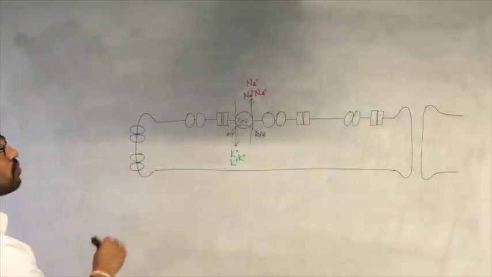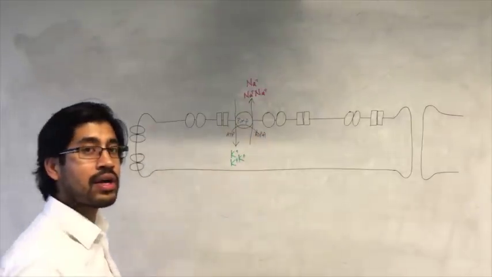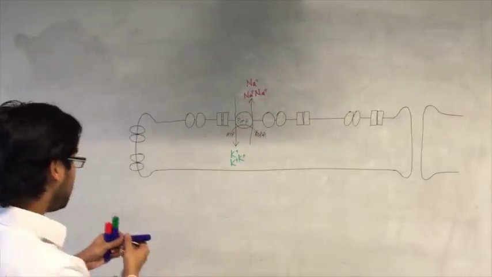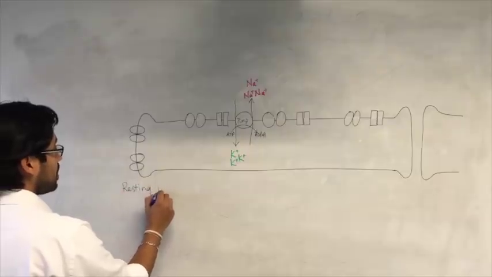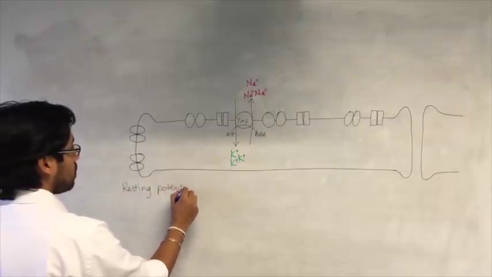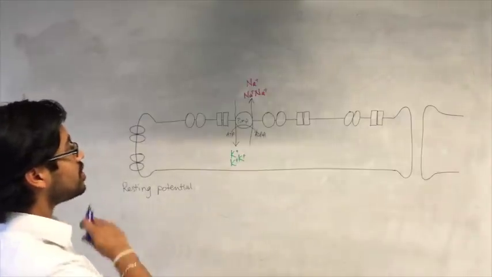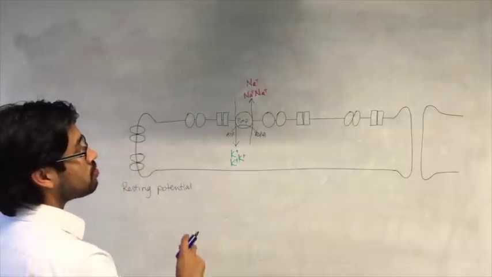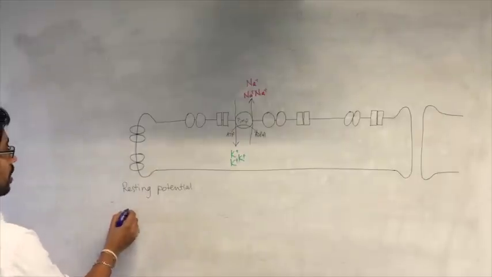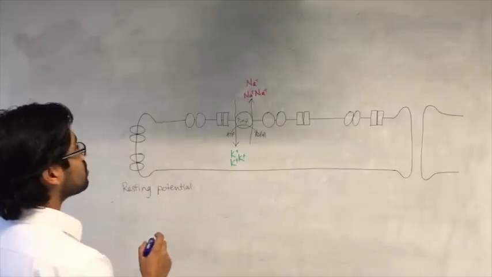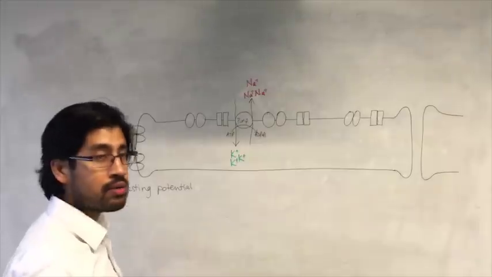So what we'll begin with is what the cell conditions are like at rest. So initially we'll be talking about the resting potential. What's the situation along the membrane of the neuron at rest? The key things we need to know about the resting potential are, first, what's the balance of the ions?